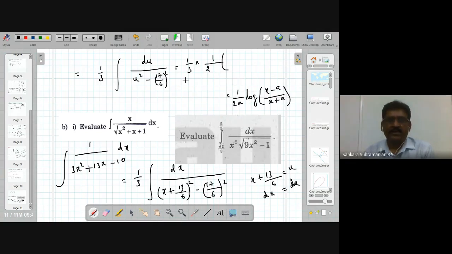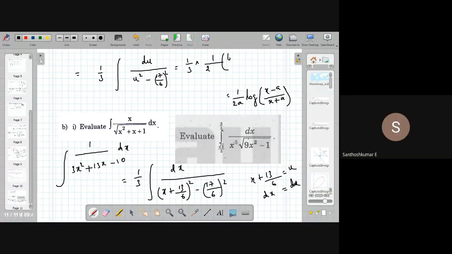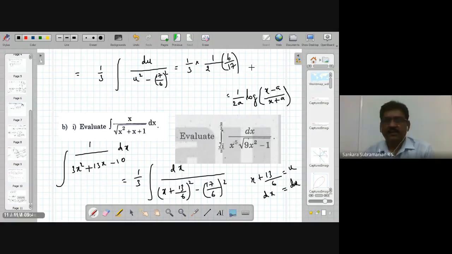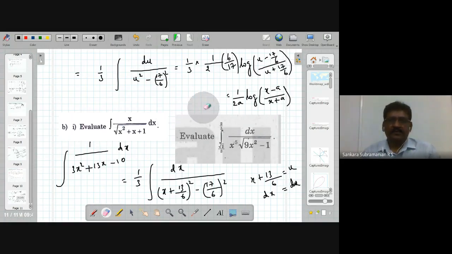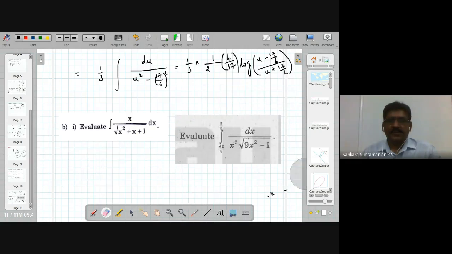Here a is 17 by 6, so this is 6 by 17, into log of u minus a, that is u minus 17 by 6, divided by u plus 17 by 6. So you can come out with the answer.